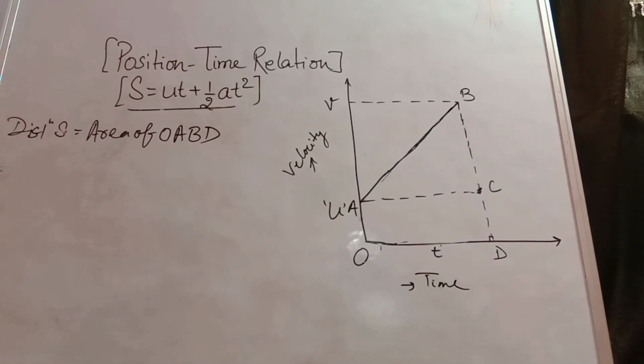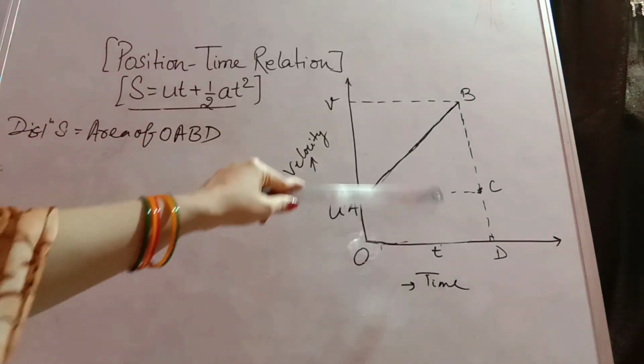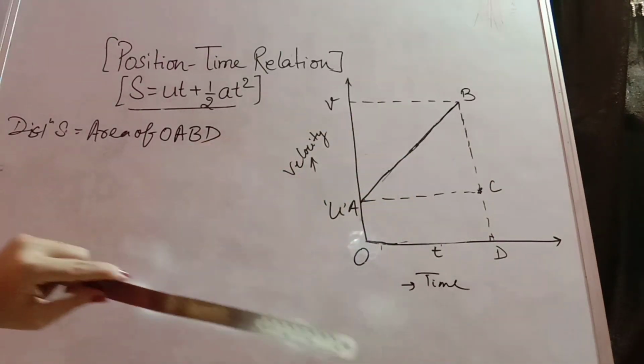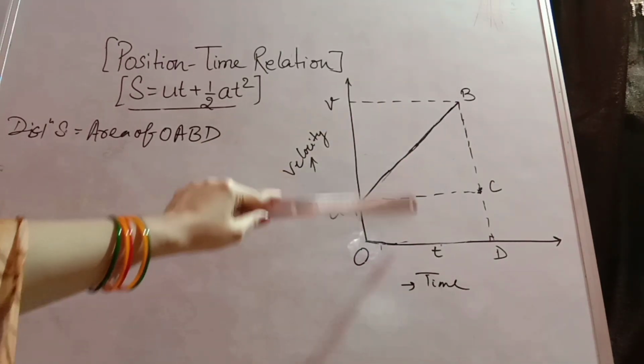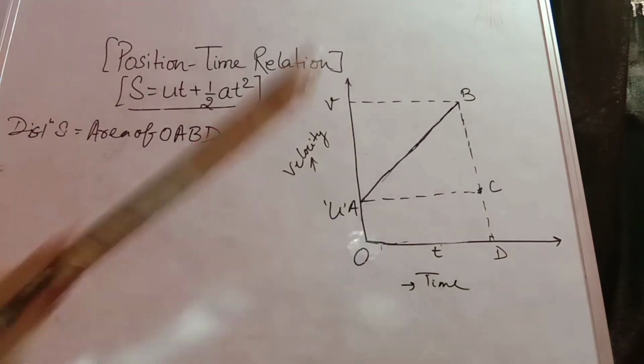Children, understand, distance s is the entire area of OABD. Means these two areas are there. OABD is a rectangle and a triangle. So this is the entire distance covered by the object in time t under uniform acceleration a.